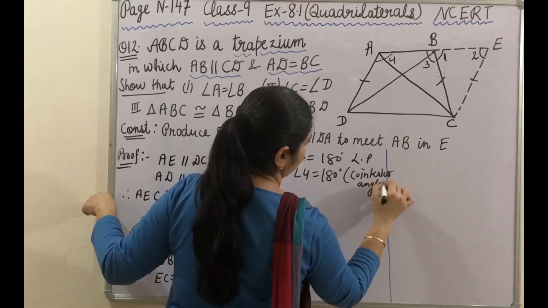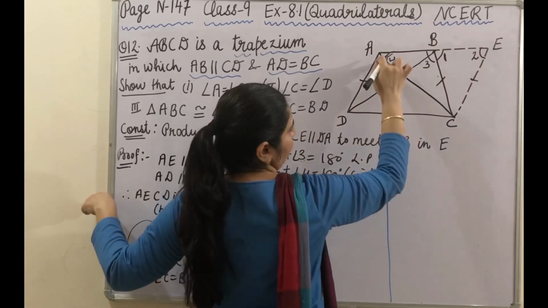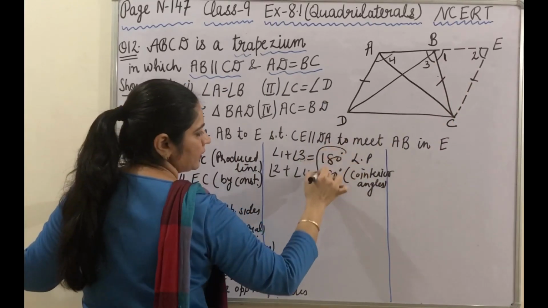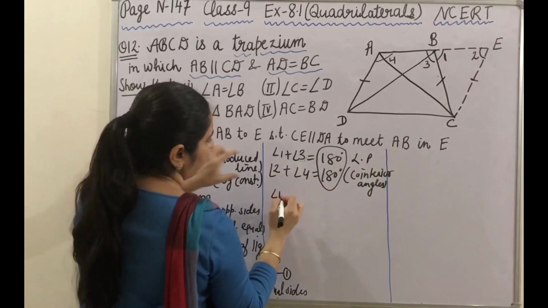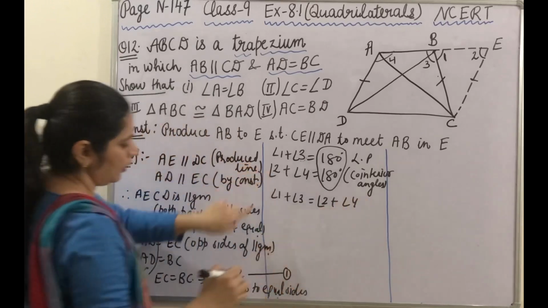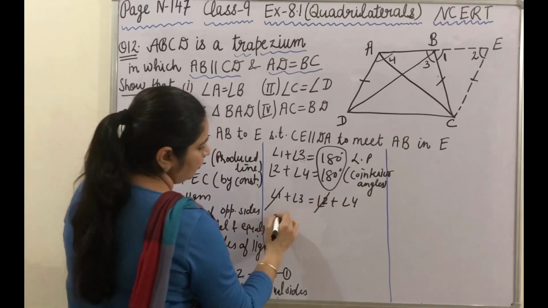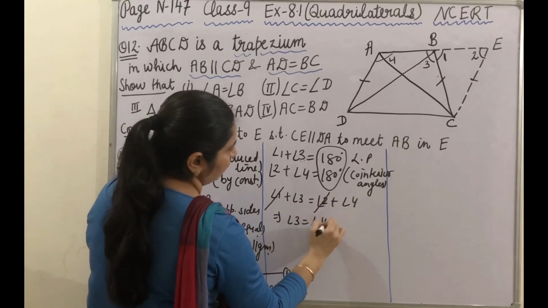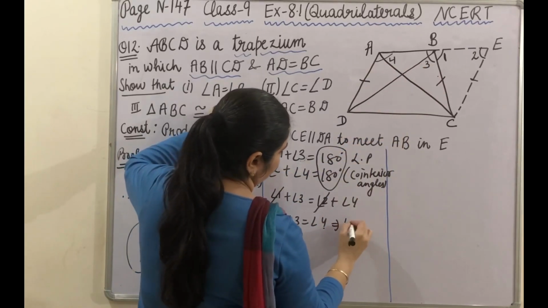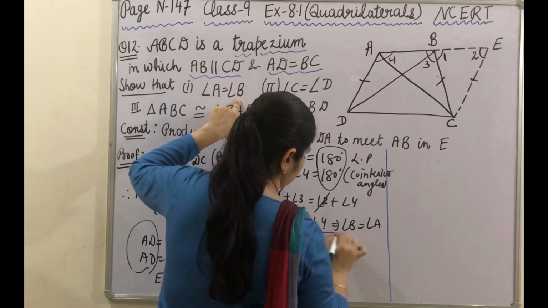Co-interior angles are always supplementary, because we proved ADCE is a parallelogram, therefore 4 and 2 are co-interior angles. 180, 180 same. So I can write the left-hand side of the first equation is equal to the left-hand side of the second equation. But we have proved angle 1 is equal to angle 2, so I can cancel angle 1 and 2. Therefore angle 3 is equal to angle 4. Angle 3 is actually angle B and angle 4 is actually angle A. This is the proof of the first part.